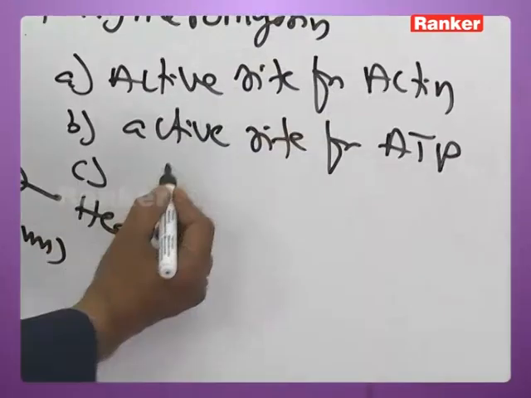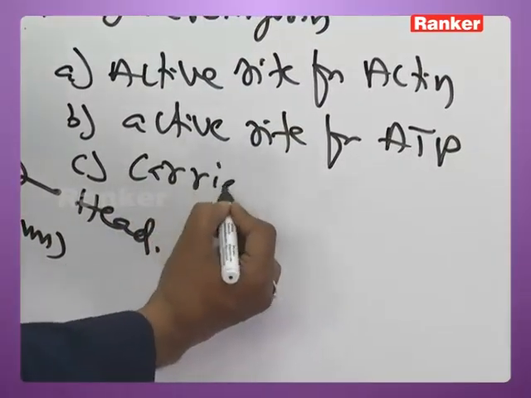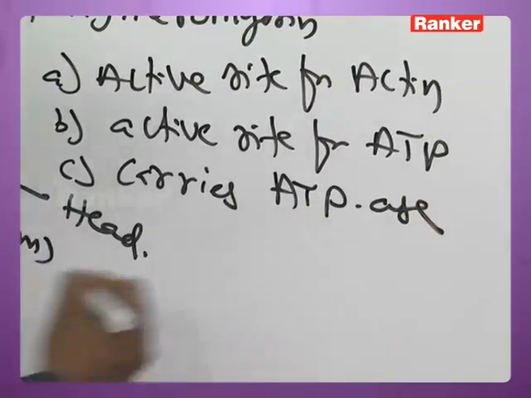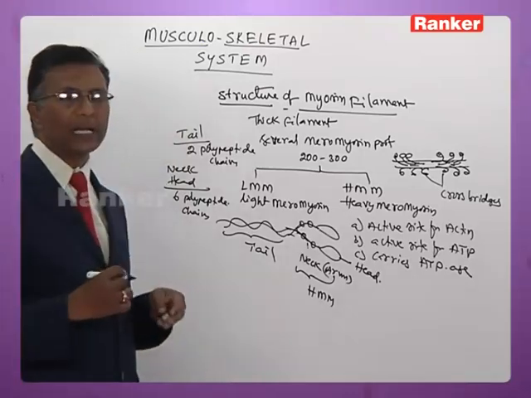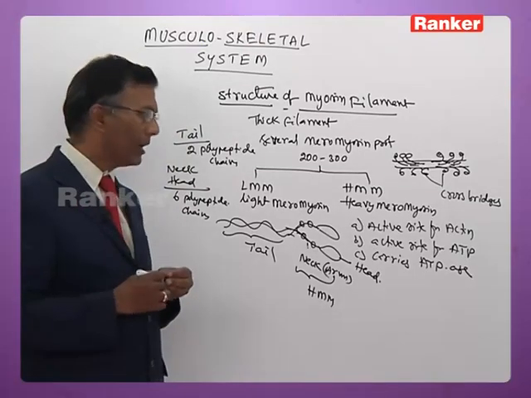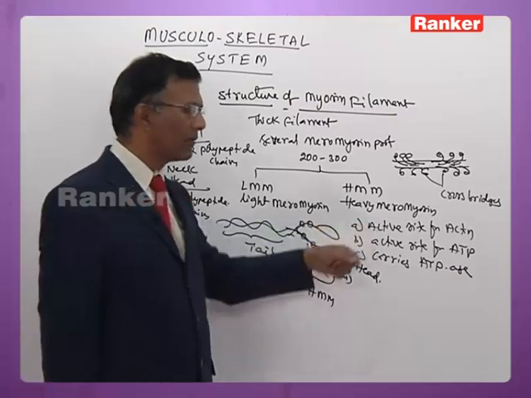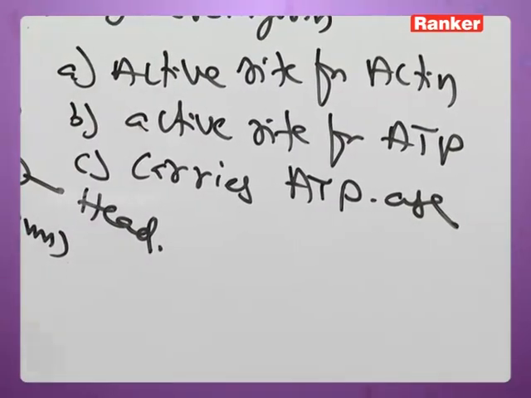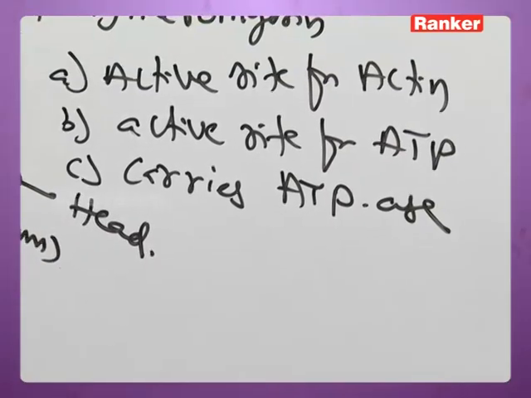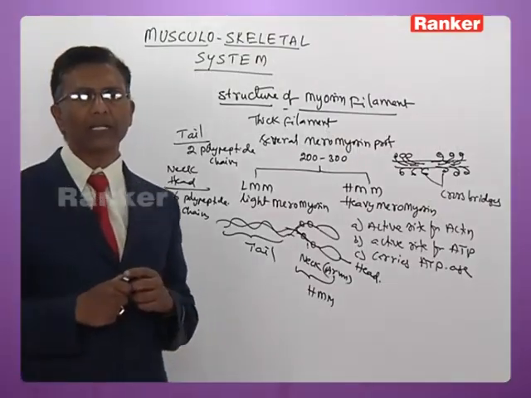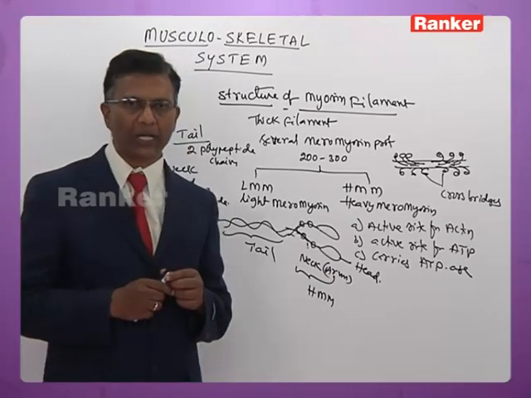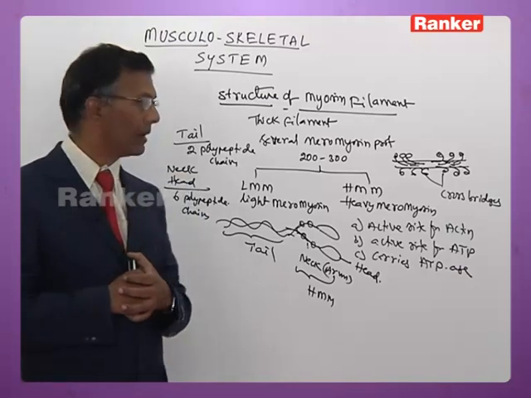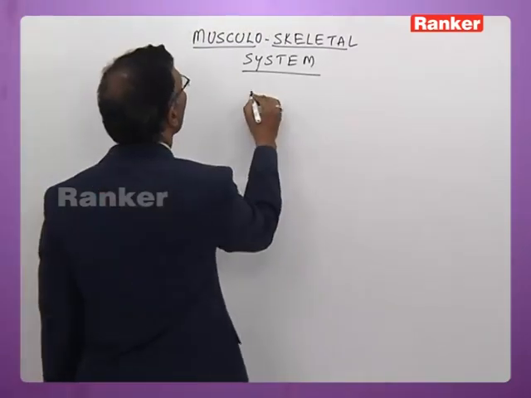Then it always carries an enzyme called ATPase. So these are the 3 functions attributed to the myosin head. Number 1, it has got an active site for actin. Number 2, it has got an active site for ATP. Number 3, it carries an enzyme called ATPase, which helps in hydrolysis of ATP during muscle contraction. So it's all about the structure of the thick filament, or myosin filament.